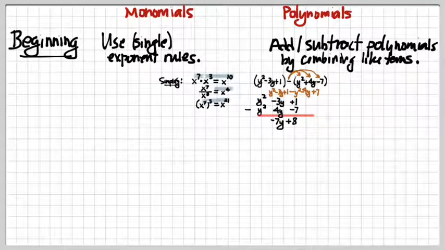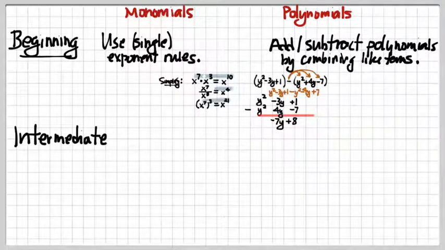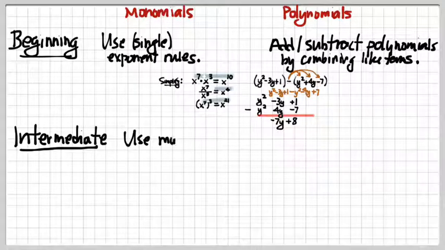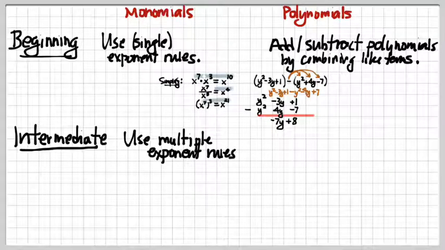So let's talk about the intermediate level. At the intermediate level, working with monomials, once we're comfortable using a single exponent rule within a problem, we start seeing problems that require us to use multiple exponent rules. Okay.